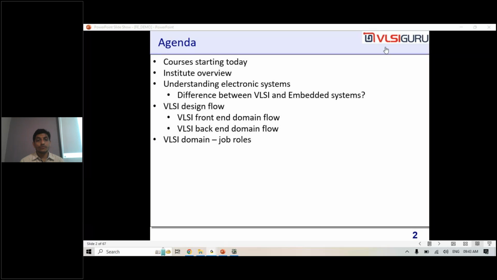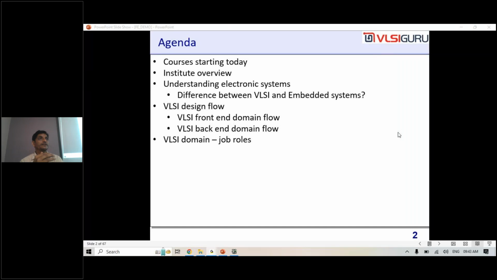fine. So the idea is to give you a brief about the different job roles, so that you can make a better, informed decision on which one to take. Even otherwise, in the institute, we have a flexibility where up to 2 months you can change the domain. Let's say today you took design verification, you will go through the design verification related topics for 2 months, where you will go through some Verilog programming related training also.